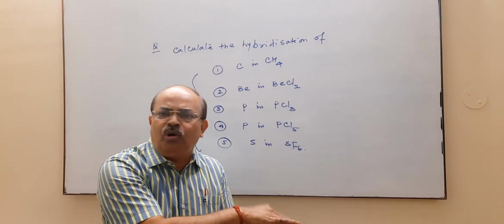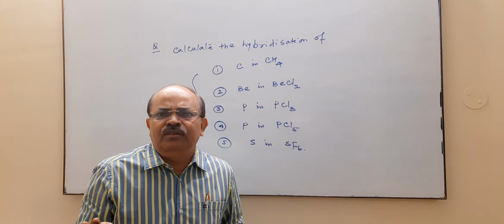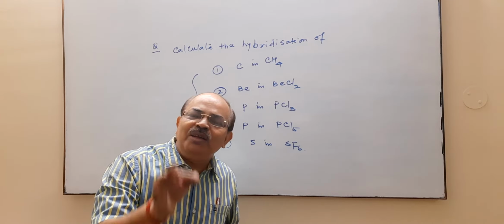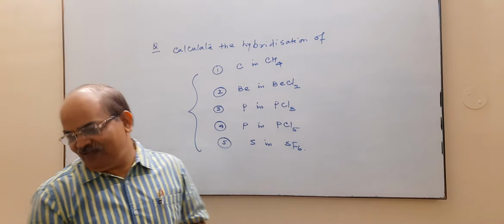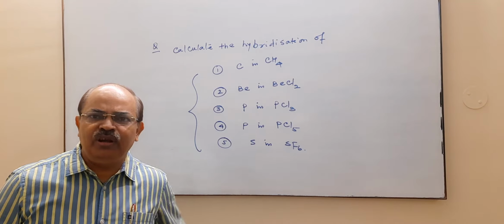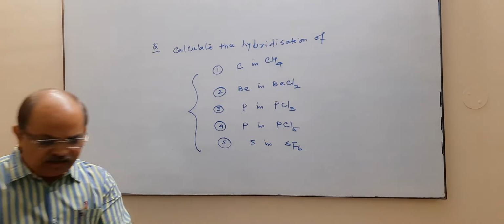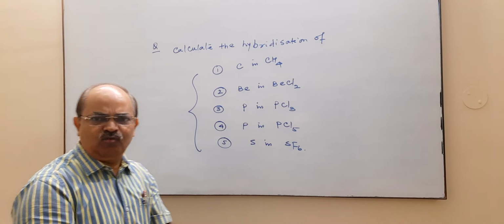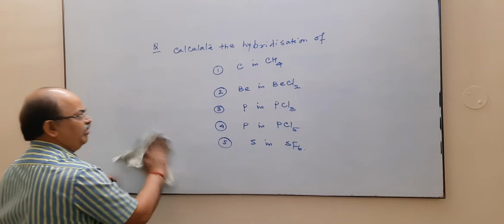Then from bond pair and lone pair you can find the geometry. Fortunately, with the help of bond pair and lone pair you can also find the hybridization. So let us see how we can calculate the hybridization with the help of the concept of bond pair and lone pair. For example, carbon in methane.